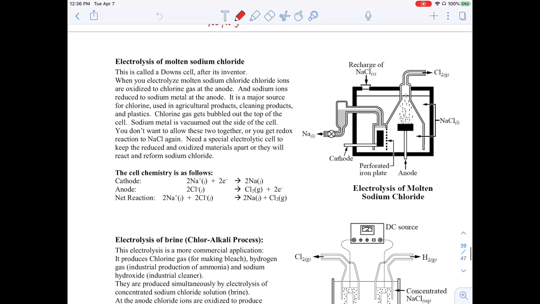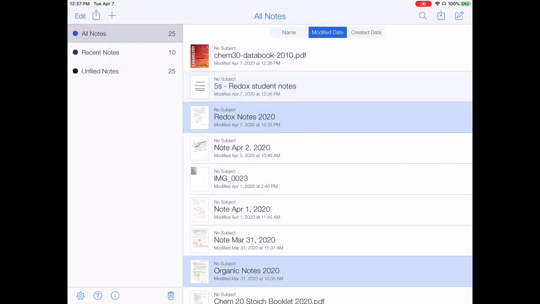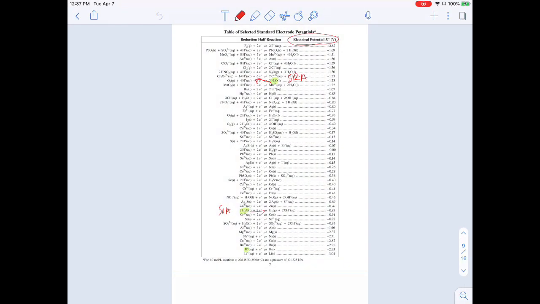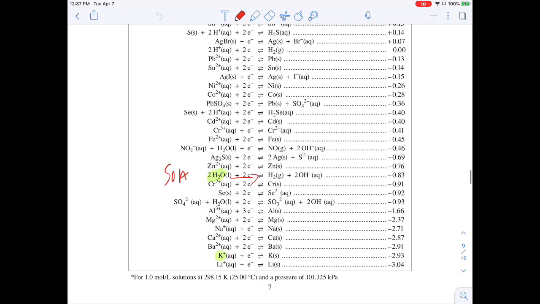Now, if we did electrolysis and it was always in an aqueous environment, we start to run into a problem. Water is always going to be an entity in an aqueous environment. But how am I going to purify chlorine or sodium?